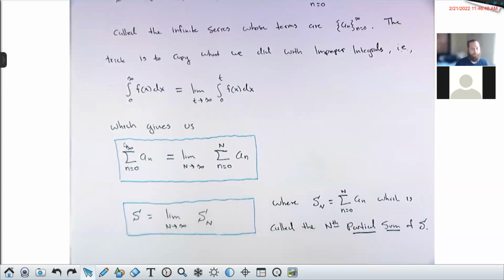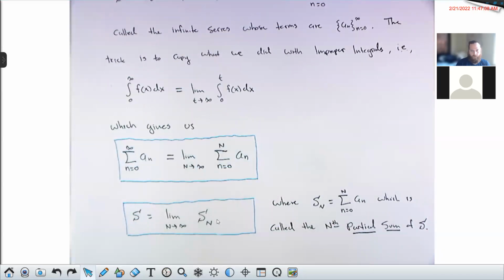So the full infinite series, we call that S. We define that as the limit as capital N goes to infinity of the series that stops at capital N. And so that's the version of S that only goes out to capital N. We call that S capital N.